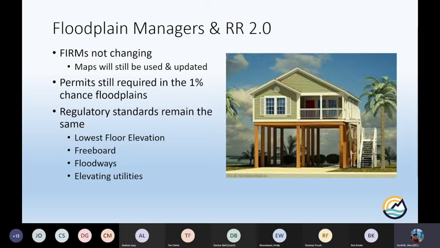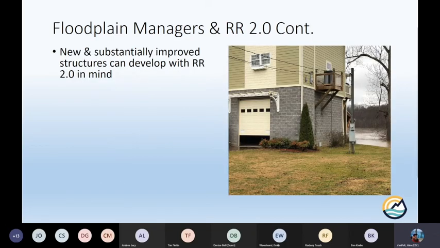But here's where the change is going to happen for us. Anytime we're talking about new structures or substantially improved structures specifically, we need to make sure we're communicating with these developers to let them know they need to keep Risk Rating 2.0 in mind for how they are designing and building these structures.